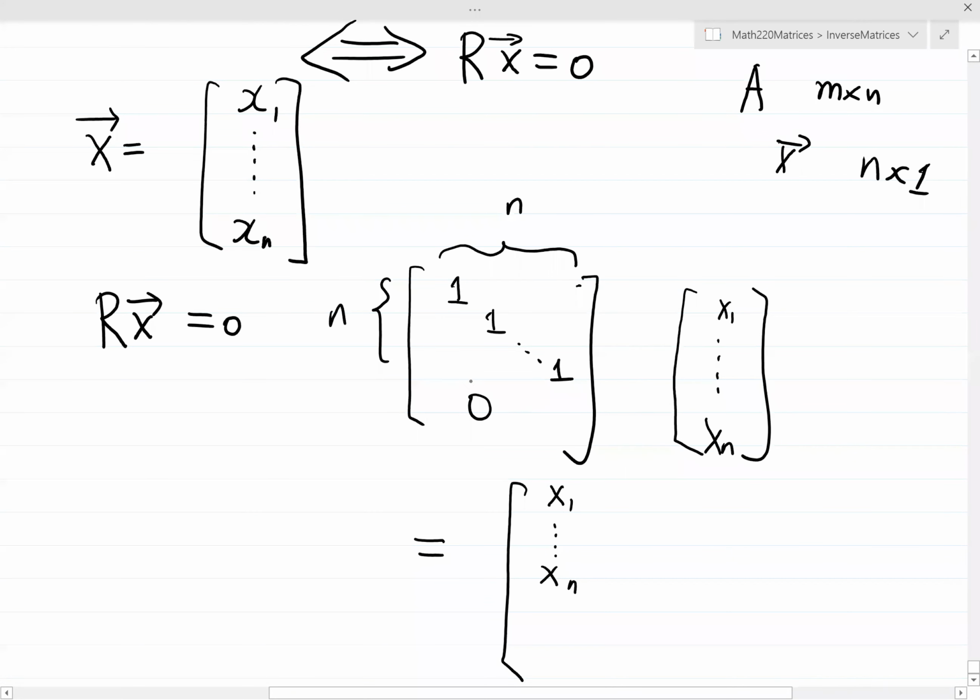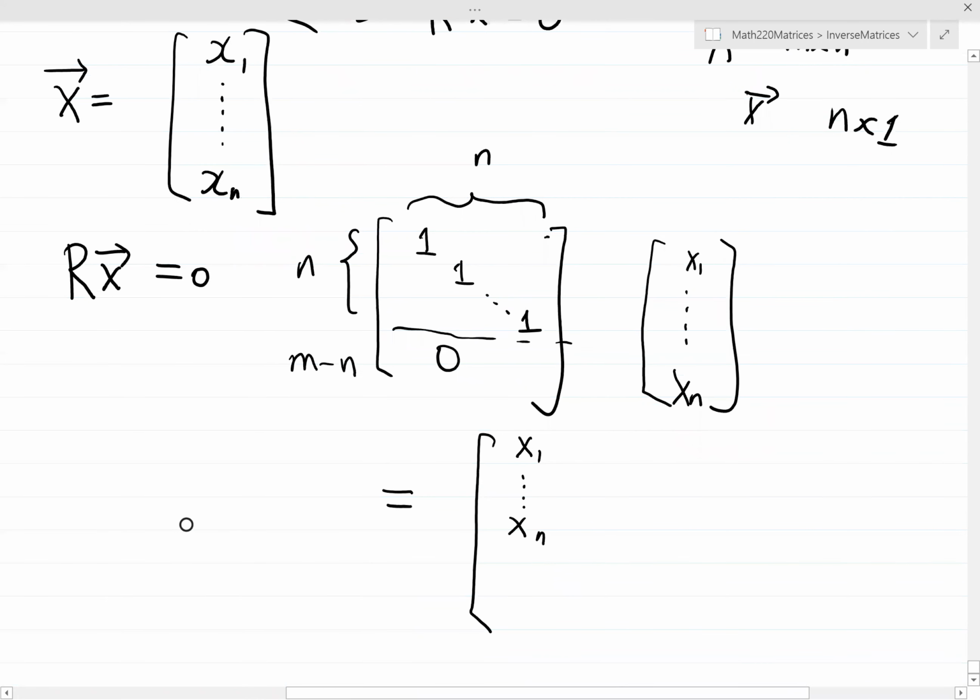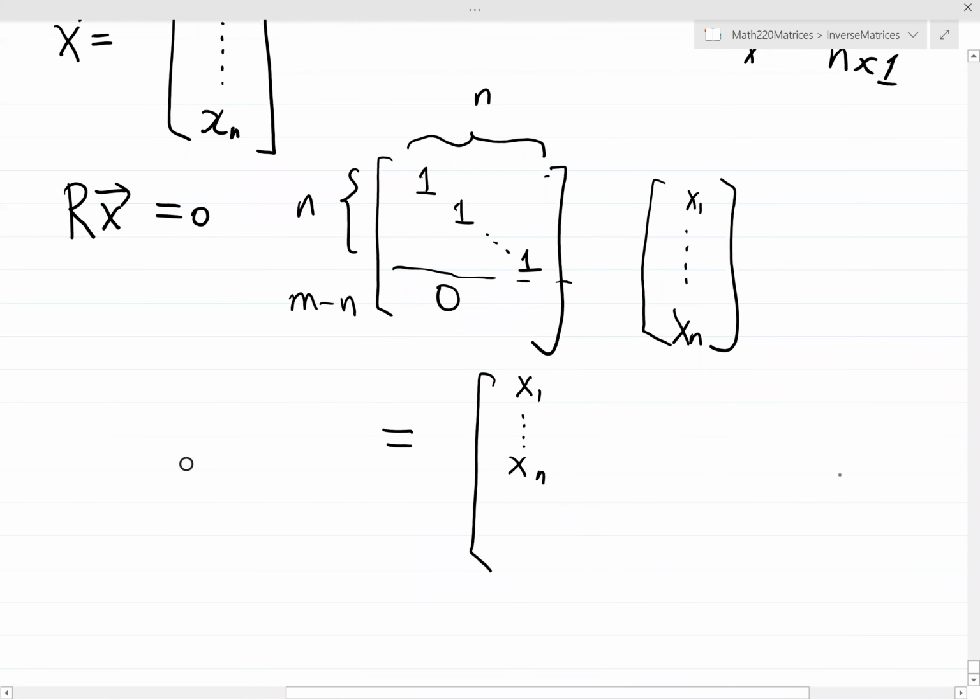Okay, here this is n by n, and here this is m minus n, with zeros.